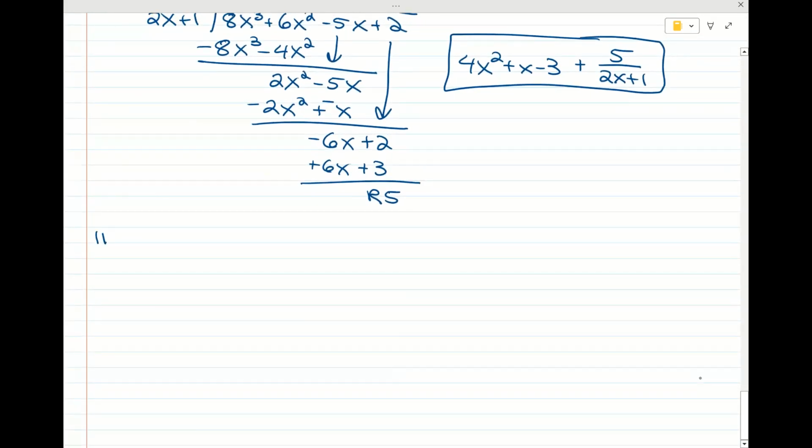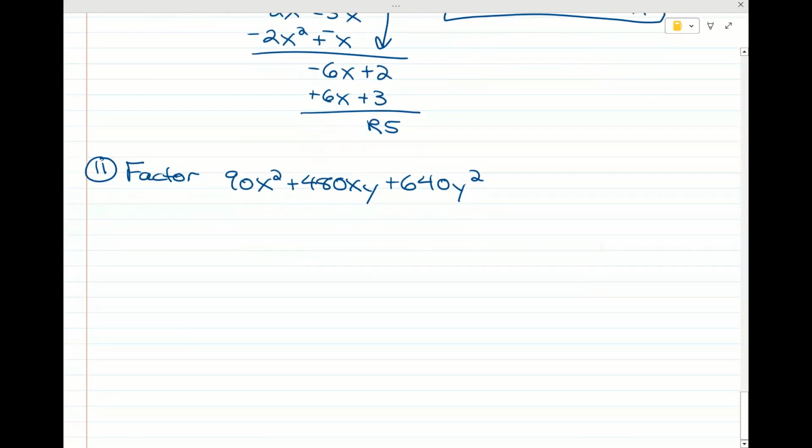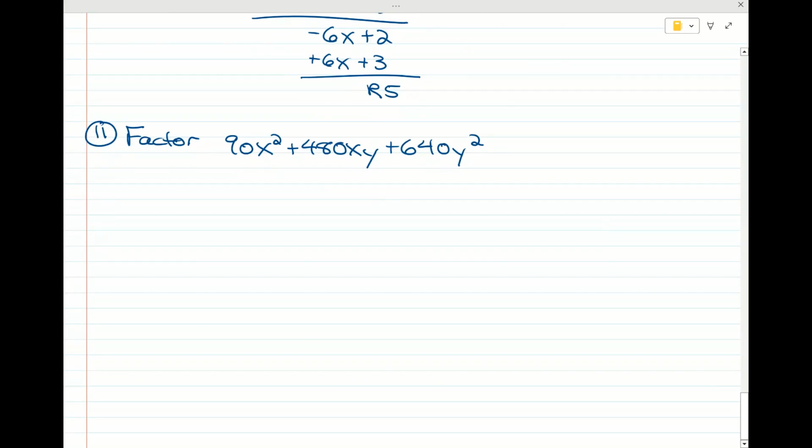Problem number 11. We are asked to factor 90x squared plus 480xy plus 640y squared. Now when we factor, first we have to start with a GCF, and we could take out a 10 from all of these terms.